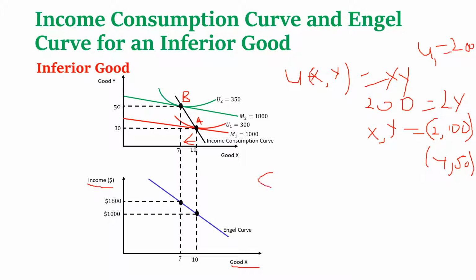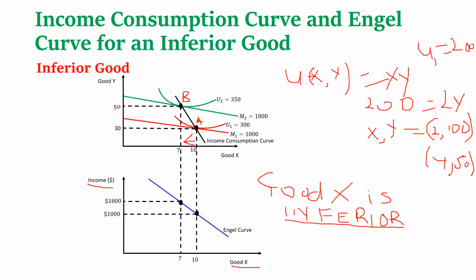So good X is inferior. Why is it inferior? Because he consumes less of it when his income increases. So it is an inferior good.